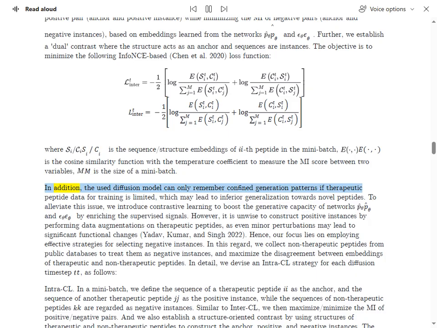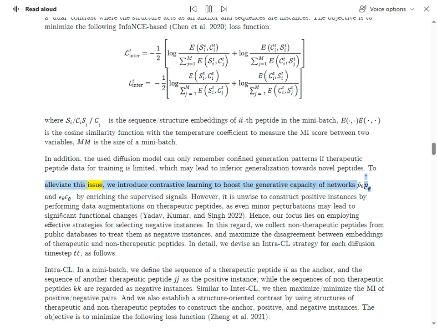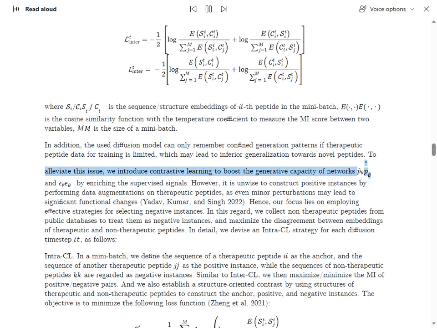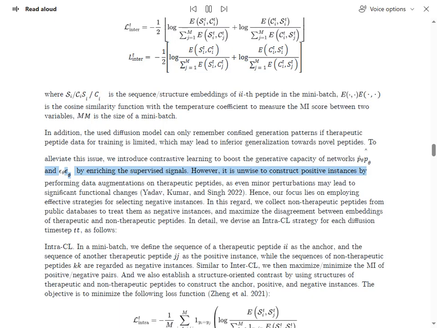In addition, the used diffusion model can only remember confined generation patterns if therapeutic peptide data for training is limited, which may lead to inferior generalization towards novel peptides. To alleviate this issue, we introduce contrastive learning to boost the generative capacity of networks, p subscript theta and epsilon subscript theta, by enriching the supervised signals.